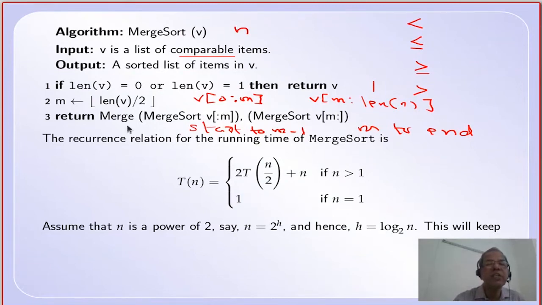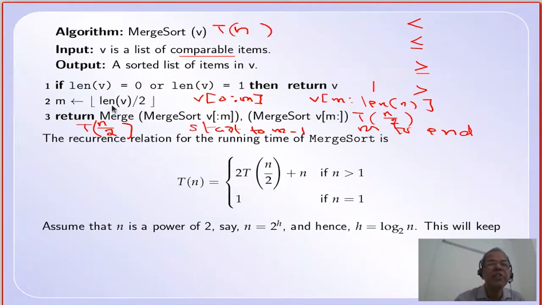What is the size of this recursive call? Roughly N by 2. Therefore, the running time of the first recursive call is T of N by 2. What is the input size to the second merge sort? Again, N by 2, T of N by 2. Merge.